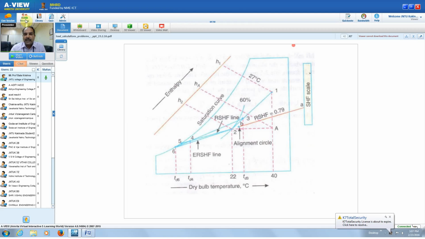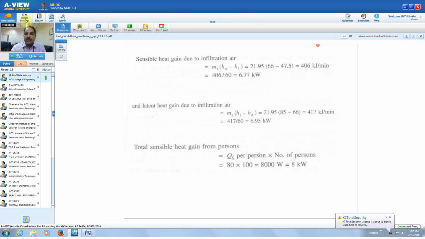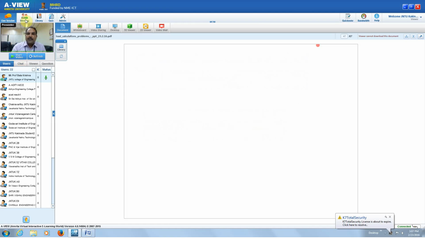This is the effective room sensible heat factor line. Then you can take the values with the help of the chart. So this is the way to calculate using the psychrometric chart.